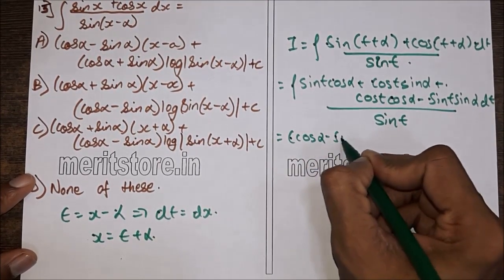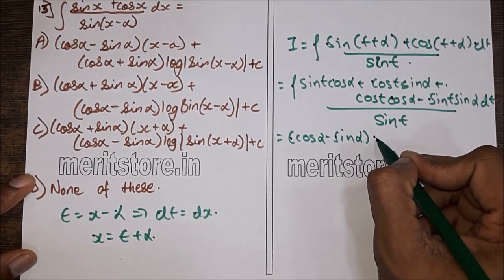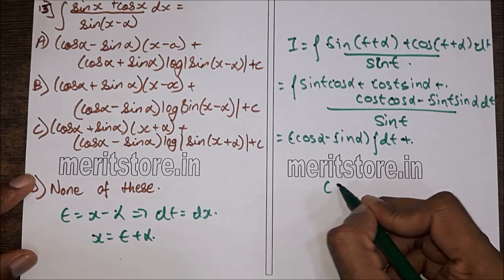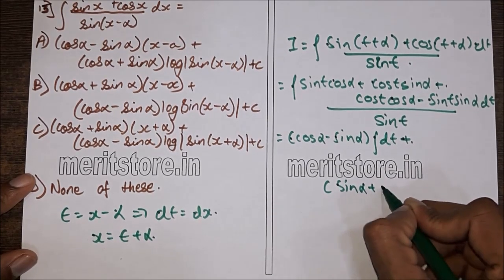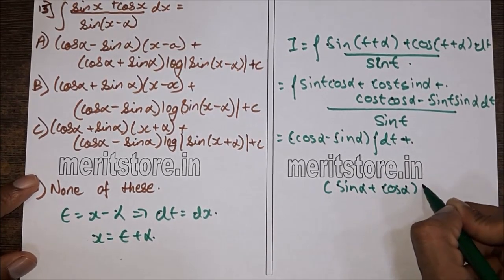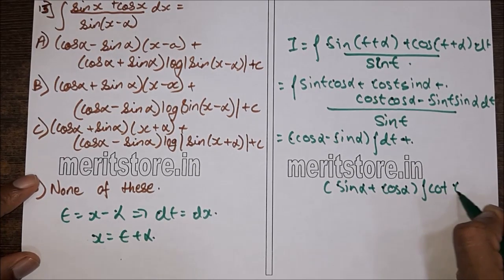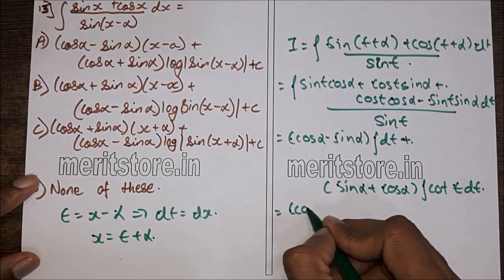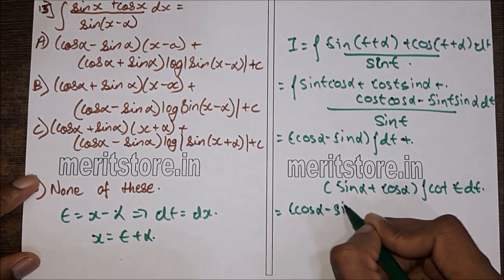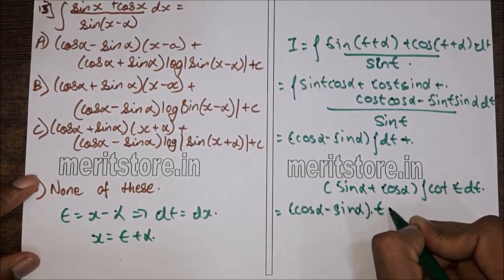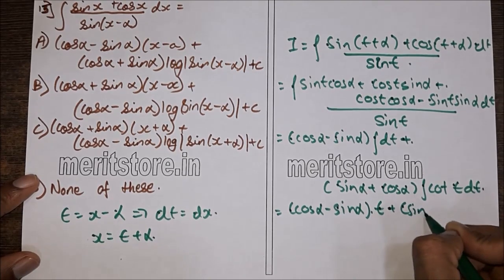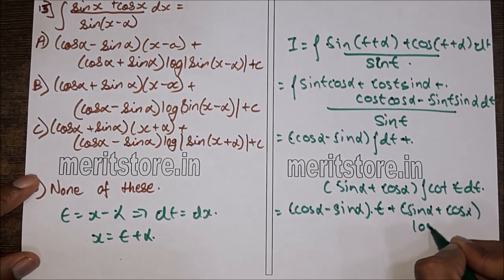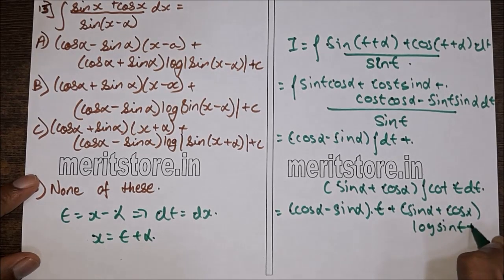Cos alpha minus sin alpha integral dt plus sin alpha plus cos alpha cot t dt. You can write this as cos alpha minus sin alpha into t plus sin alpha plus cos alpha log of mod sin t plus c.